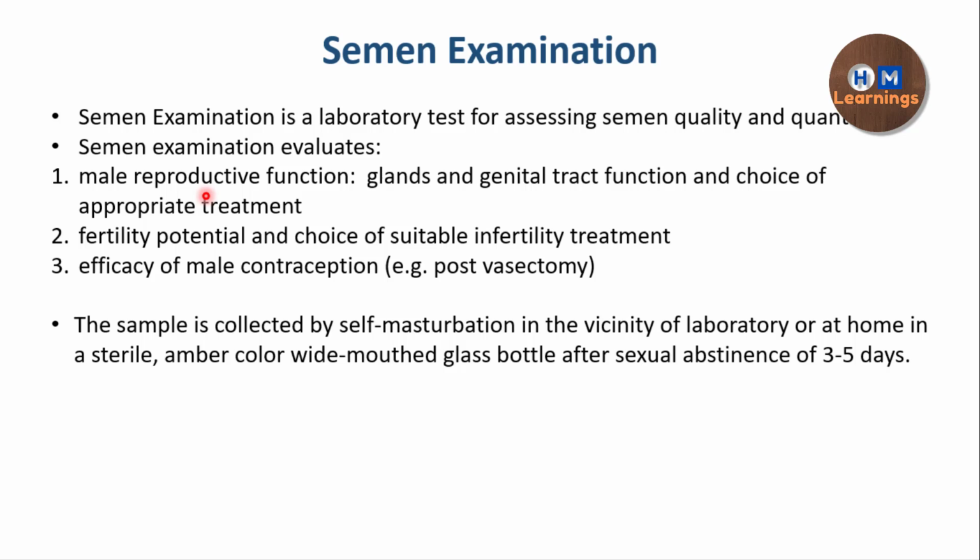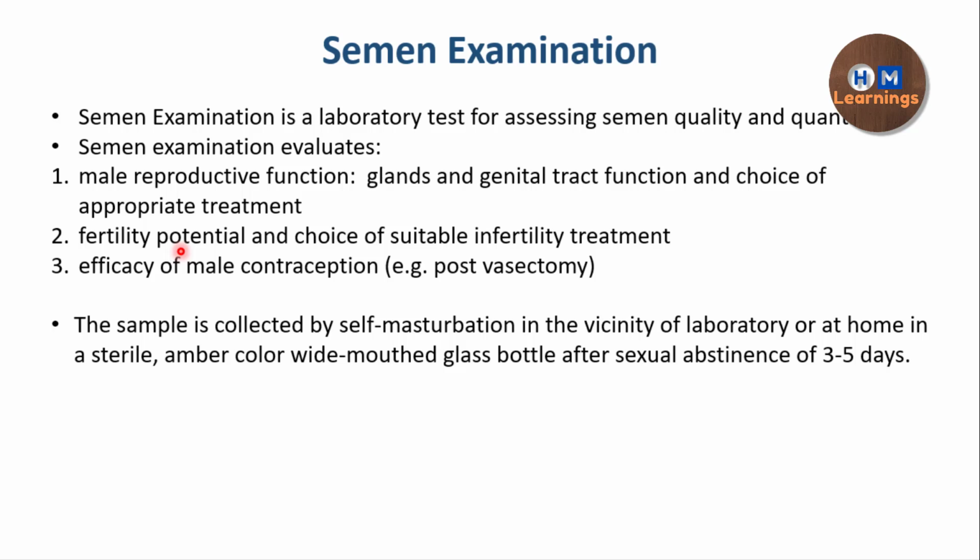If there is abnormality with the pH, we can ask: is there any abnormality with the seminal vesicle secretion or with the prostate secretion? Because the prostatic secretion is acidic, whereas seminal fluid secretion is alkaline. So their relative contribution is going to make the pH of the semen. So we can relate the things with a specific characteristic.